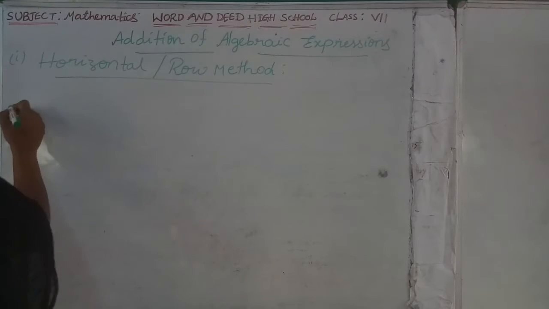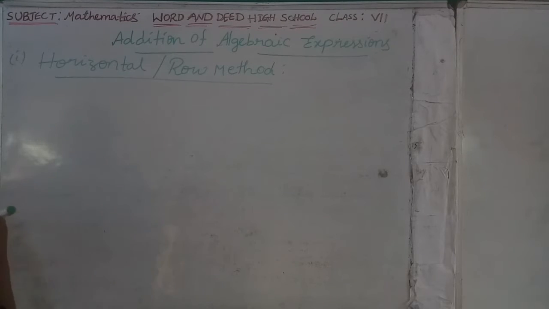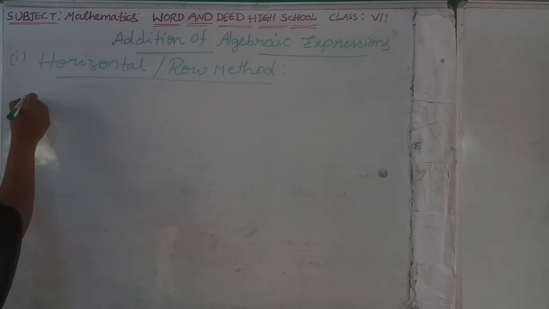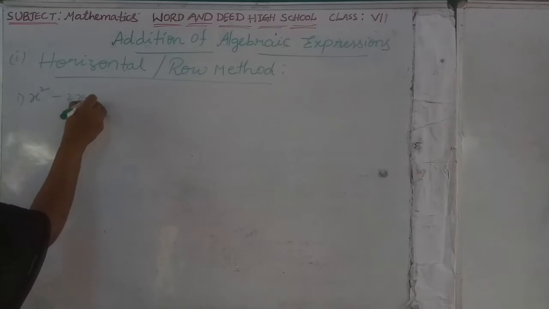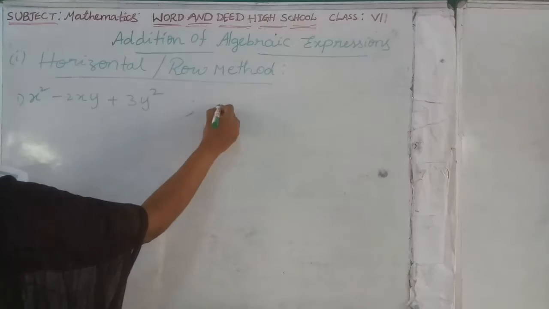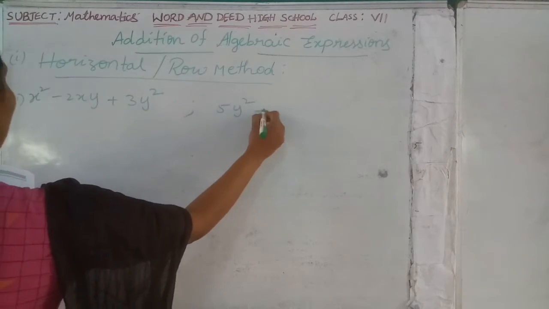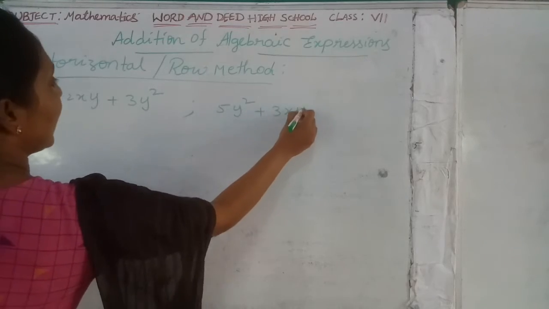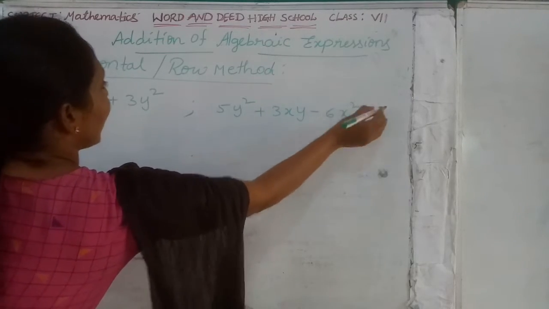First problem: x square minus 2xy plus 3y square, and 5y square plus 3xy minus 6x square.